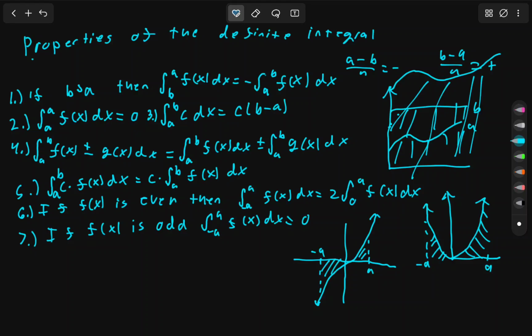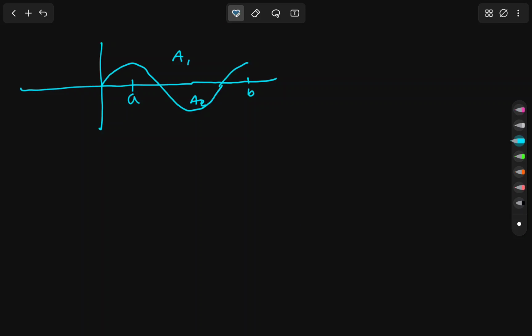So I have actually neglected to talk about what the integral actually represents. Whenever we're looking at negative values of f of x, the height of these rectangles is going to be negative. So whenever we're adding up these areas, we're going to get a whole bunch of negative areas.